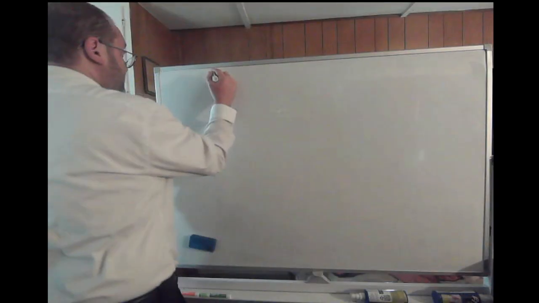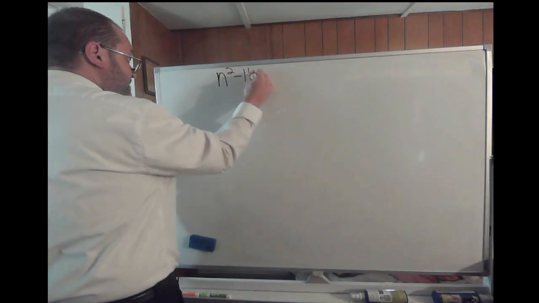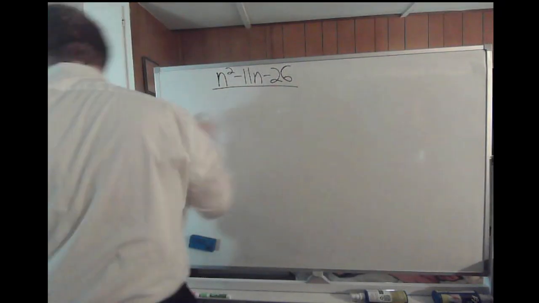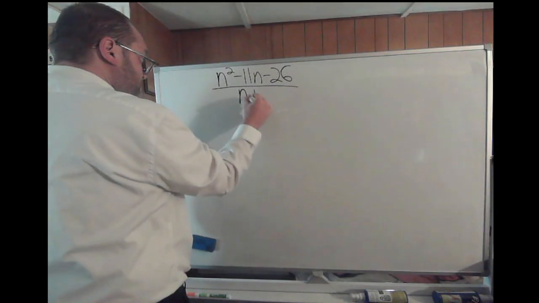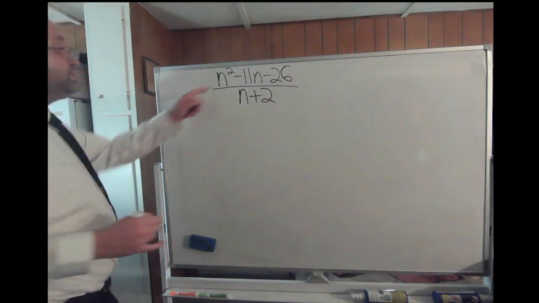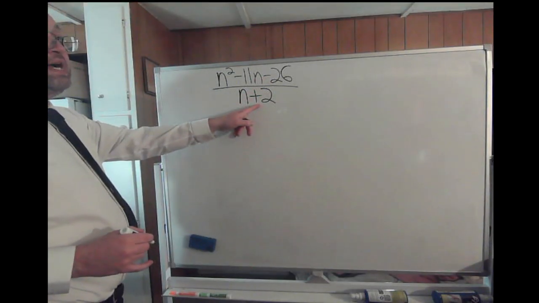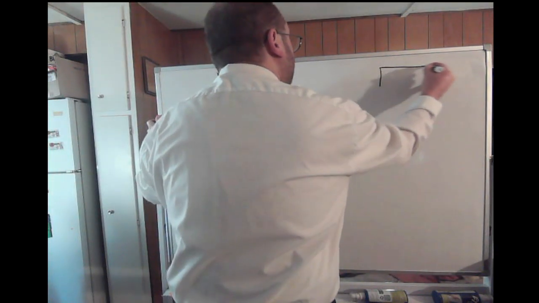Alright, let's see. N squared minus 11n minus 26 all over n plus 2. So we have n squared minus 11n minus 26, all that divided by n plus 2. Well, let's go ahead and set up our long division again here.